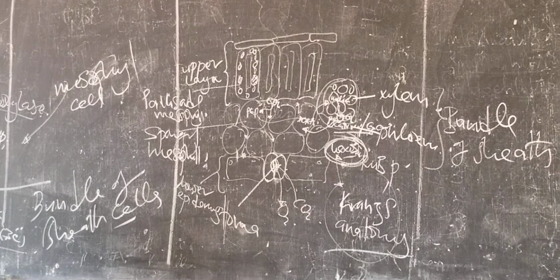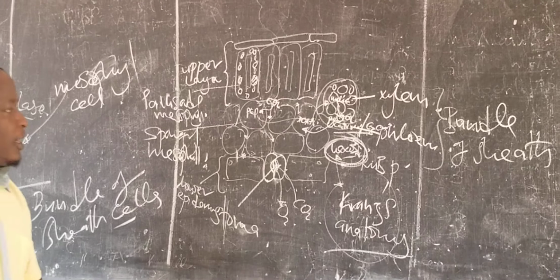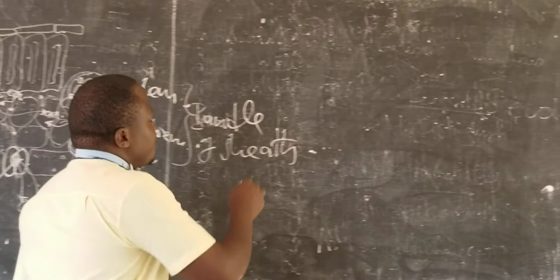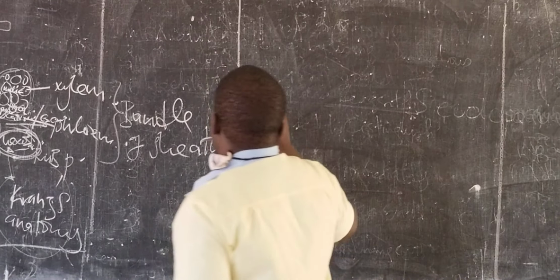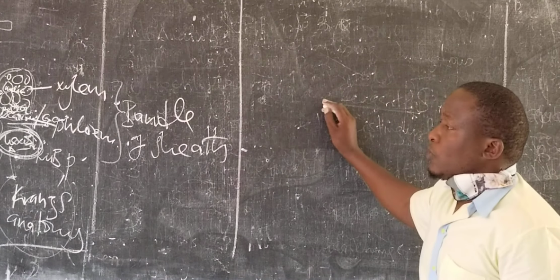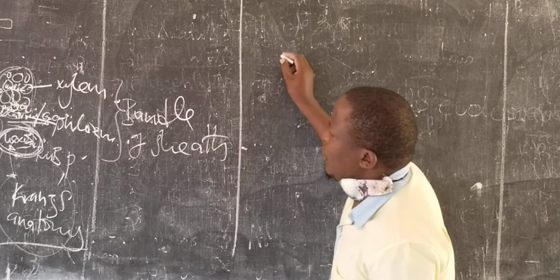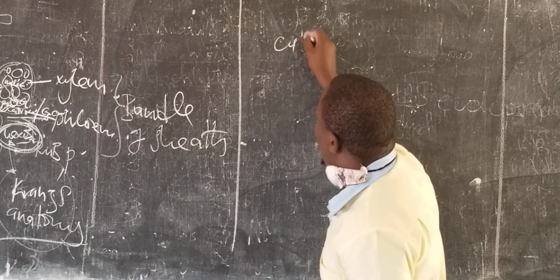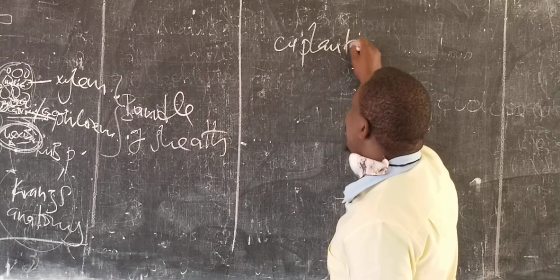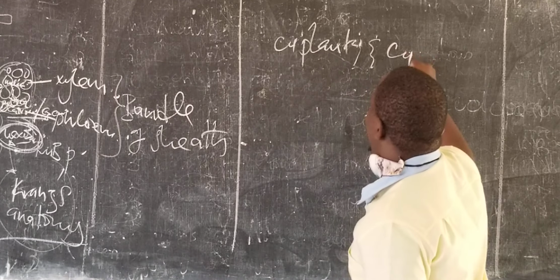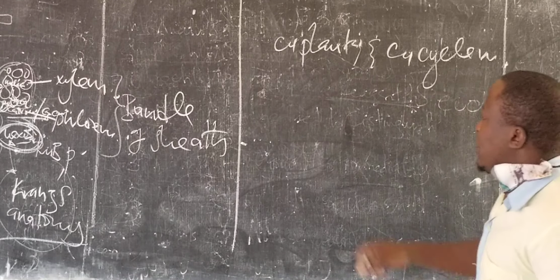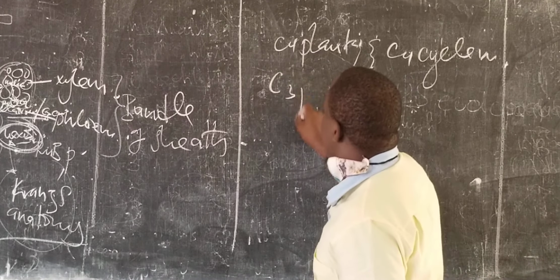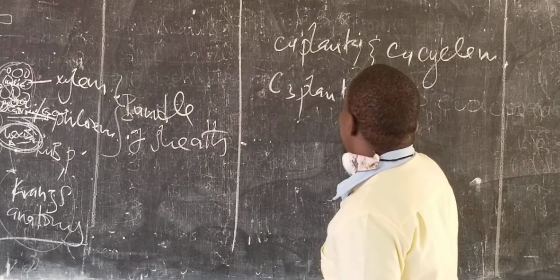So that's C4 plants. Students have a tendency of confusing these two statements. Students normally confuse the C4 plants and the C4 cycle, just like they confuse the C3 plants and the C3 cycle.